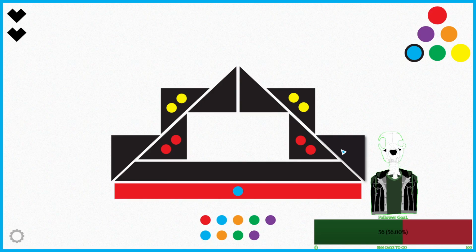Unless they're... No, one of these two has to be red. And then purple has to be this and one of these. So this... But then what about blue? And then these yellows have to be something, which we can't rule out the chance that they are blue or purple.